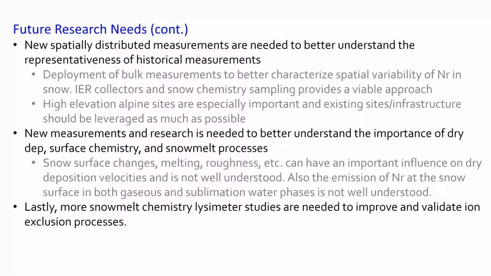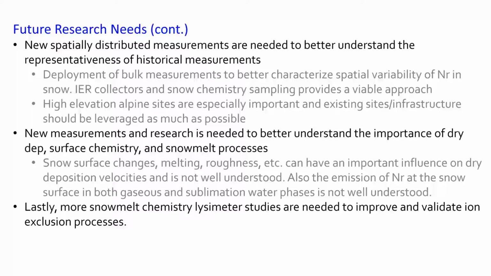In addition to the existing measurements, there's definitely a need for more spatially distributed measurements, and really to try to better understand the representativeness of our historical data. How representative are our monitoring sites of processes that occur, such as this wind redistribution of snow and the canopy effects that I mentioned earlier, and also the big elevation gradients that we see in these mountainous environments.